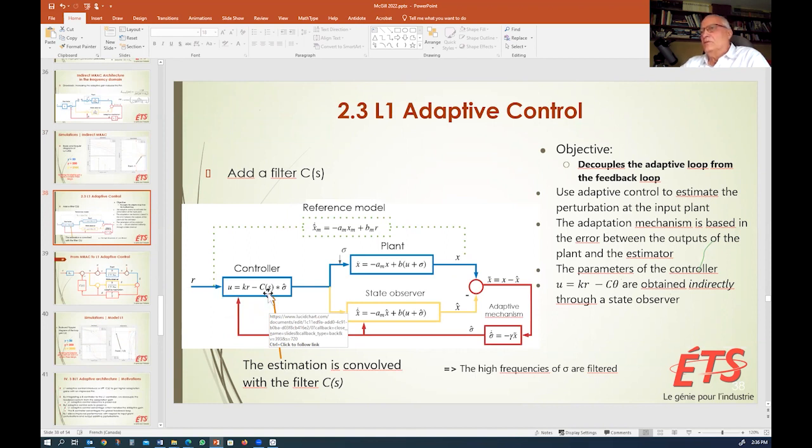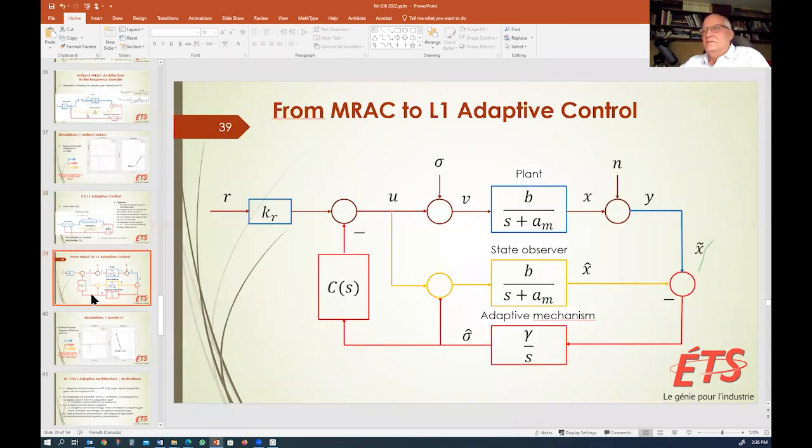It's going to decouple the feedback from the adaptation. More precisely, this is my filter. It's a low-pass filter. The rest is the regular mechanism, but only the low-pass here. So my feedback is not perturbed by all the small fluctuations, while the adaptive mechanisms still take them into consideration.